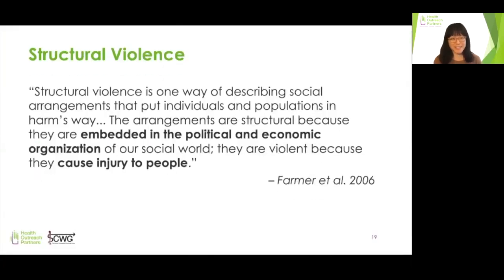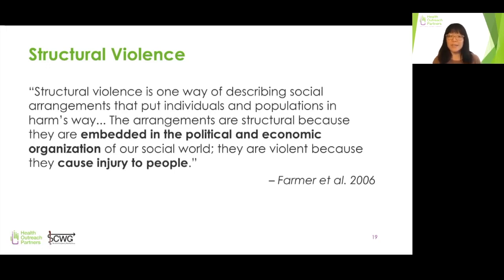So we're providing you with a lot of definitions here. This is a definition of structural violence provided by Dr. Paul Farmer. If you know of him, he's a well-known medical doctor, anthropologist, as well as an advocate of poor people around the world. And here he's defining structural violence as one way of describing these social arrangements that put individuals and populations in harm's way.